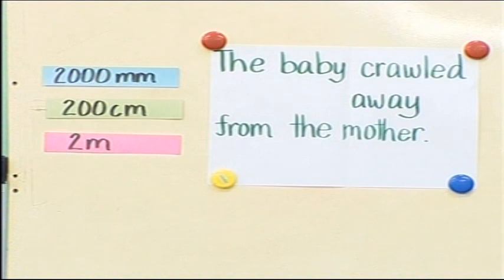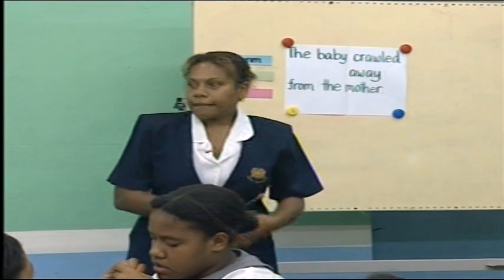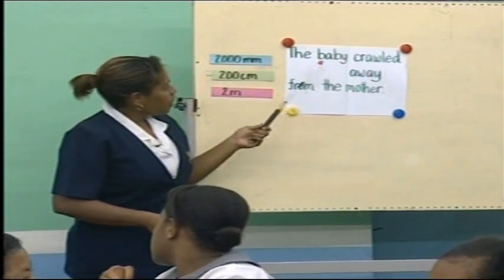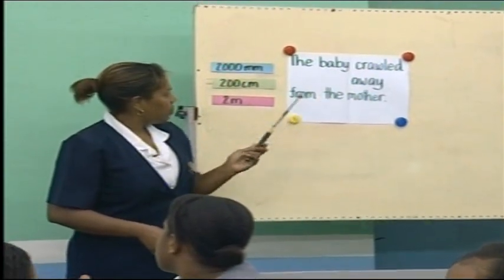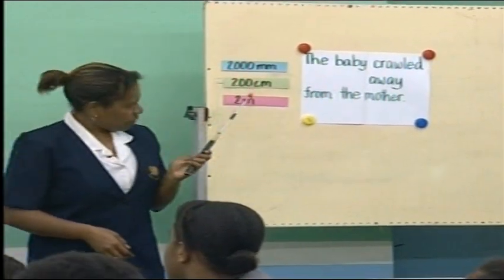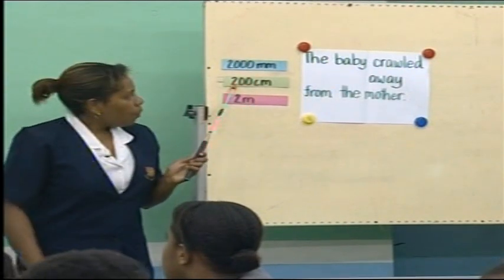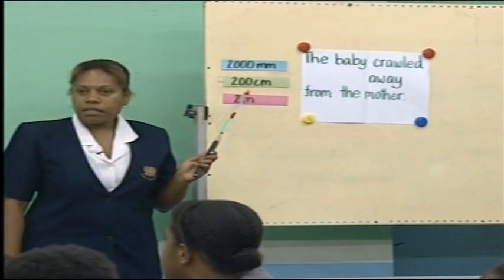What about you others? You agree with him or you have a different answer? Receiving students? All right. The baby crawled 2 meters away from the mother. Okay, if you all say 2 meters, what about 200 centimeters?